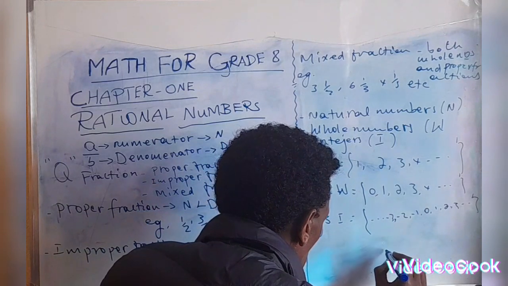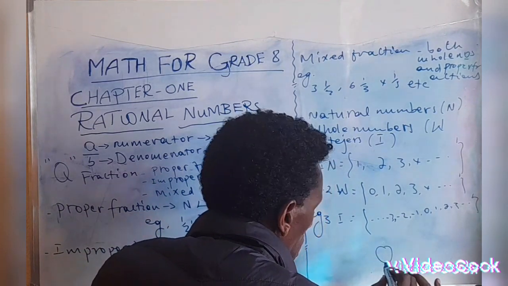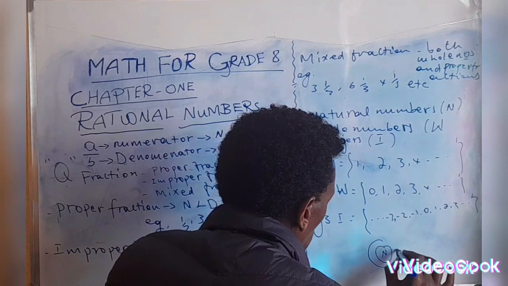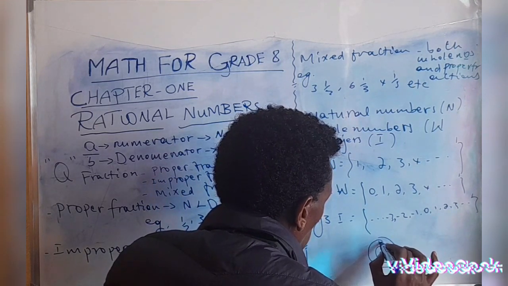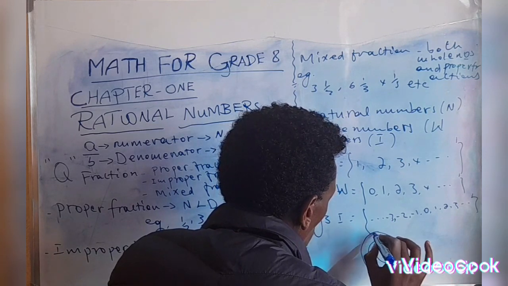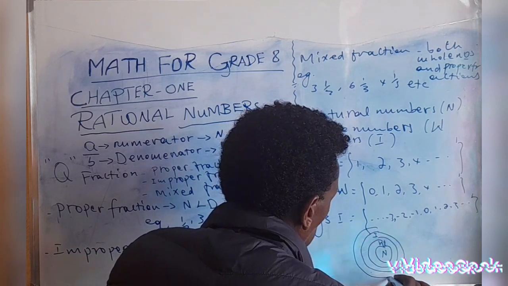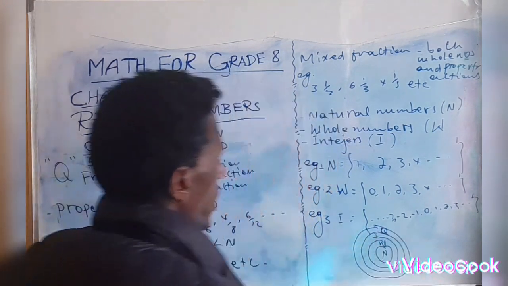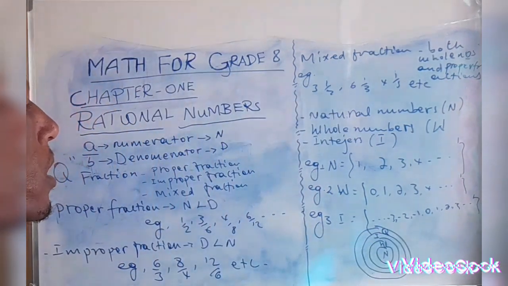Consider that the center circle contains natural numbers, the second circle contains whole numbers, the third contains integers I, and the last contains rational numbers, represented by Q.